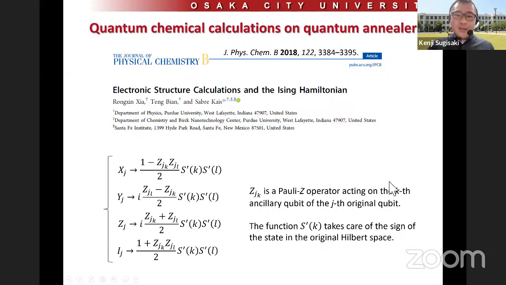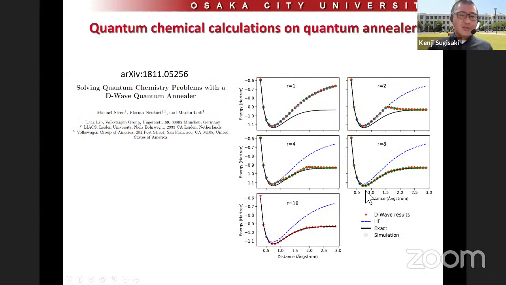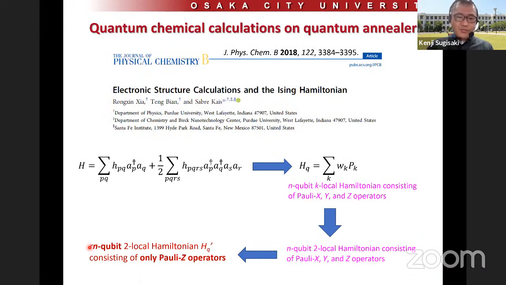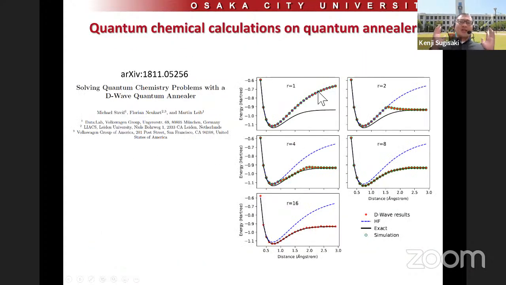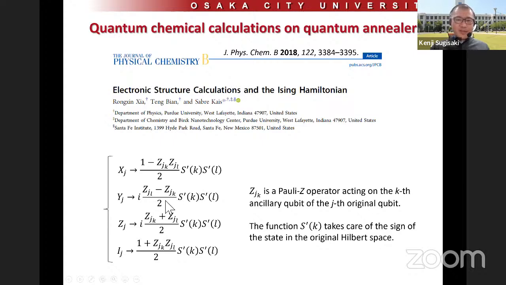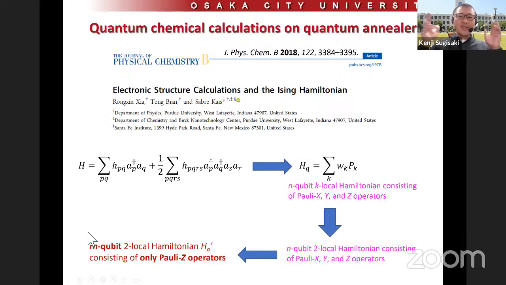By applying this approach, quantum chemical calculation using a D-Wave machine was reported in 2018 in this paper. They performed the quantum chemical calculation of the hydrogen molecule, by changing this value of R. Roughly speaking, this R controls how many determinants can be entangled.